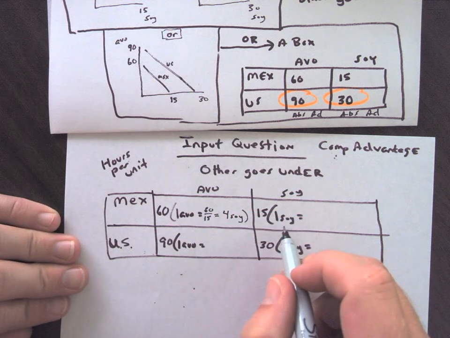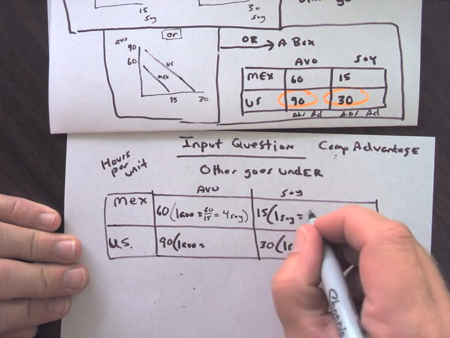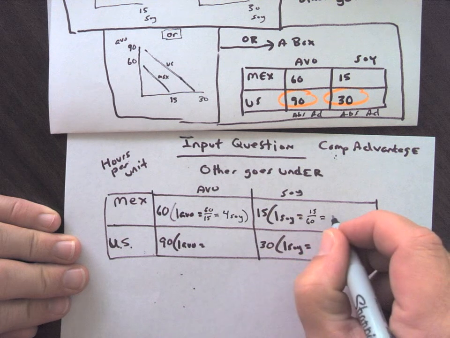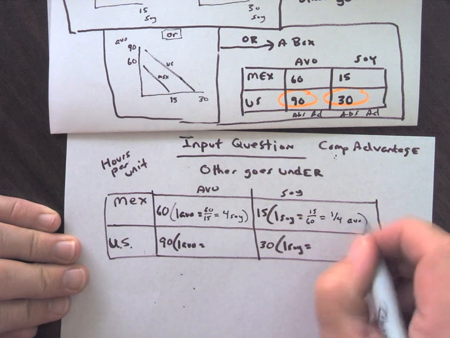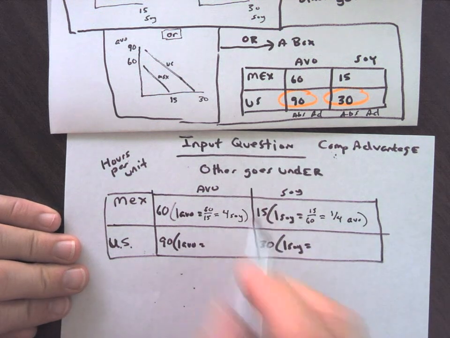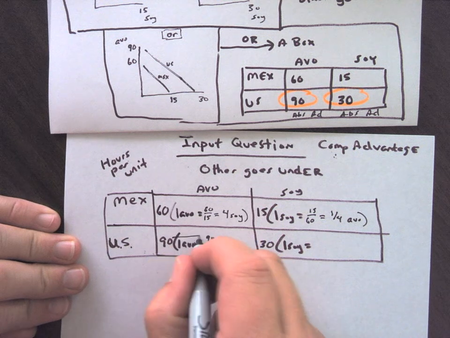So when I'm solving for soy, the other is going to go under. So I know that 15 is now going to go on top of 60. And that's going to reduce down to 1/4 of an avocado. Same thing for the United States. Other goes under. So I'm going to take my 90. I know that that's going on top.